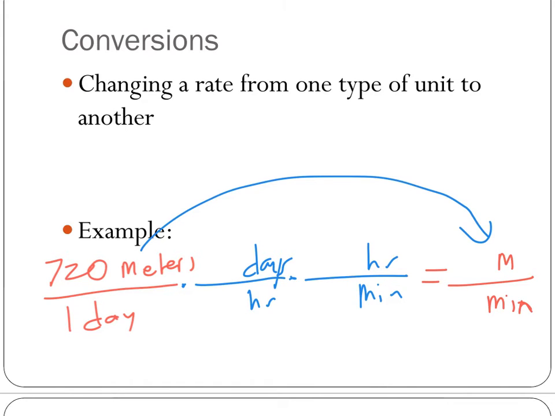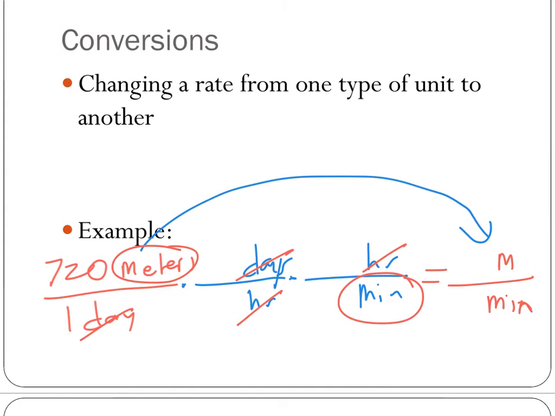I'm going to double check here to see if days actually change into minutes. Days cross cancels, hours cross cancels, I'm left with minutes. What I wanted was meters over minutes, and that's what I've got at the end. So now I fill in the numbers. I always do unit analysis first, then fill in the numbers. Otherwise you can get them upside down, and sometimes I do.